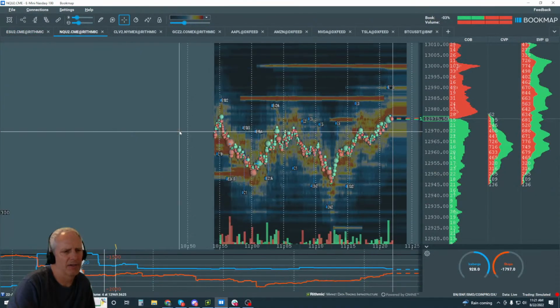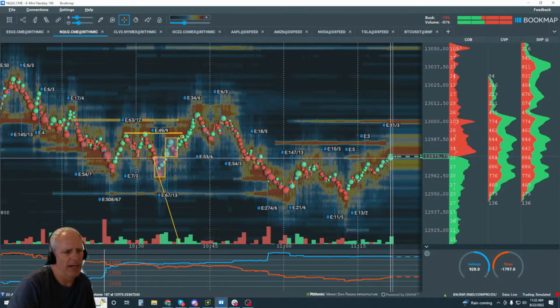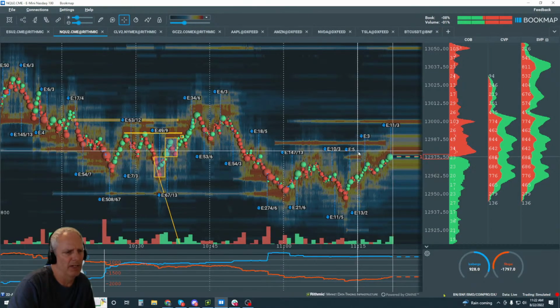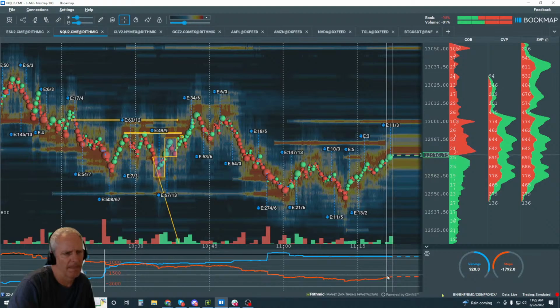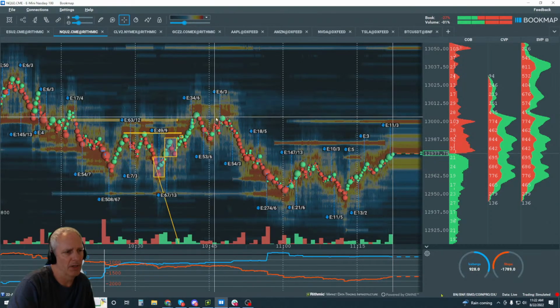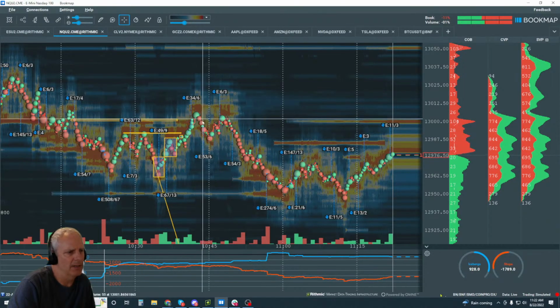How's that NASDAQ doing? It's still doing it. The buying looks great. They're just not able to move it yet, and we still don't see a stop run here. Watch for it though. It should be really nice.